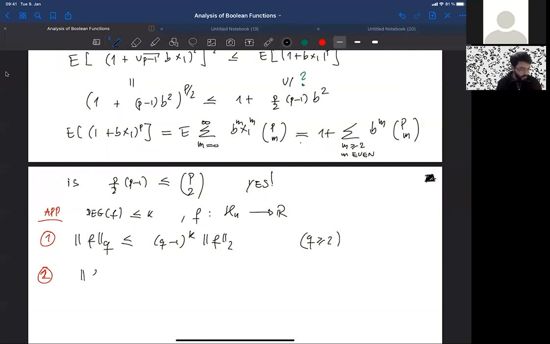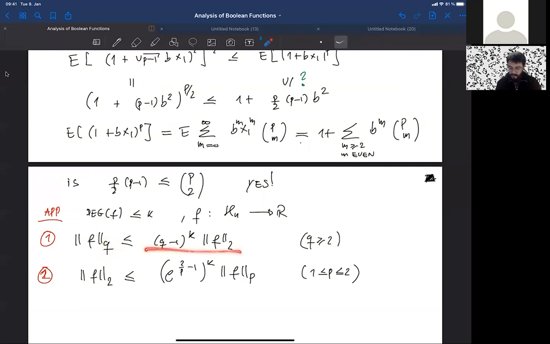Another nice application is the following, and that is going in the opposite direction. So suppose I have some norm q, which is bigger than 2, then I can bound from above.